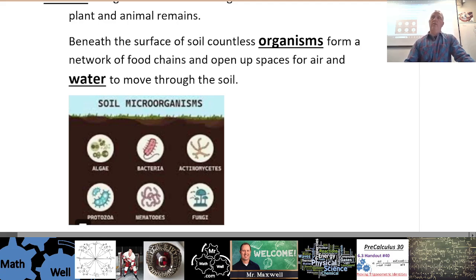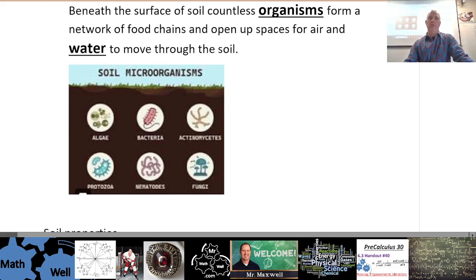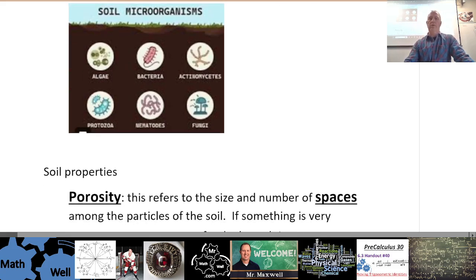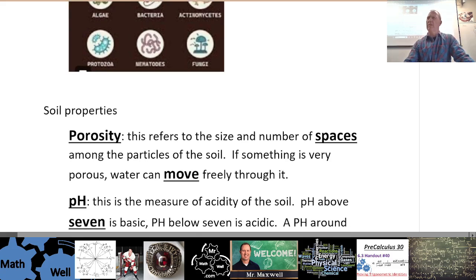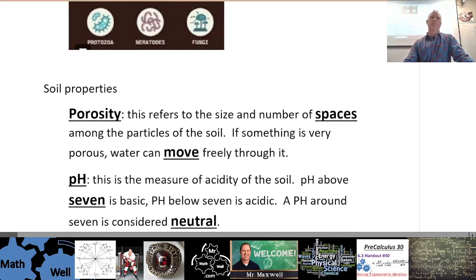And so their trails create small pockets in the soil for air and water to move through. Their remains also, some of them are important in transforming certain nutrients and minerals into other usable things for plants. I think we talked a little bit about that in the nitrogen cycle.